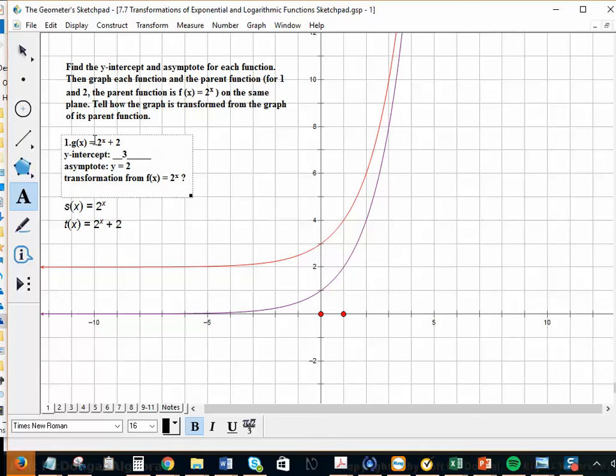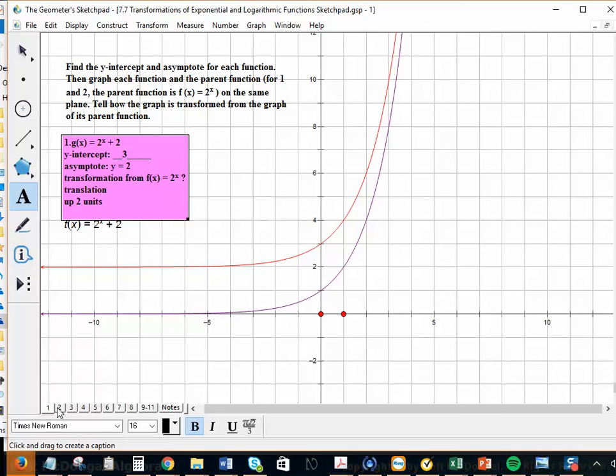If you look at the function 2 to the x plus 2, that should give you a clue at what the transformation is. Or you can see that it has moved from the y-intercept at 1 up to 3. The transformation is up 2 units. So it has moved up 2 units. That's the transformation. I suppose I should say it's a translation.